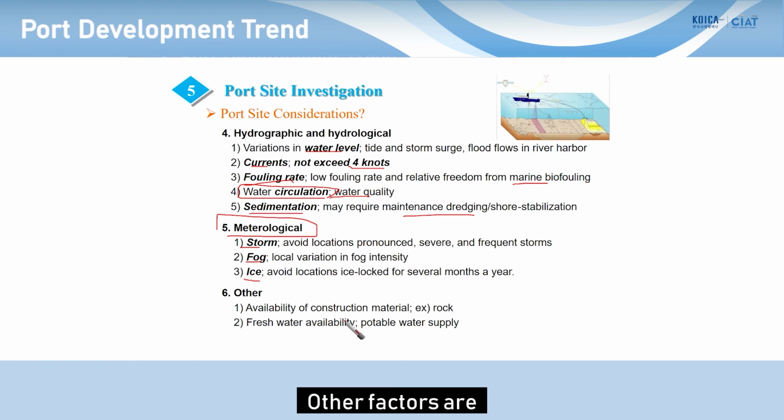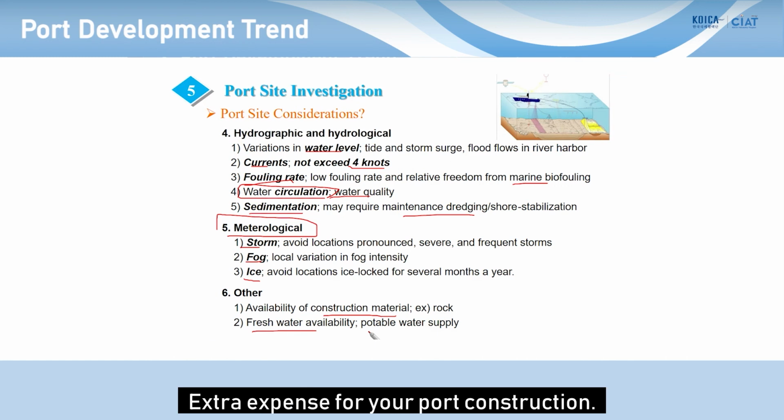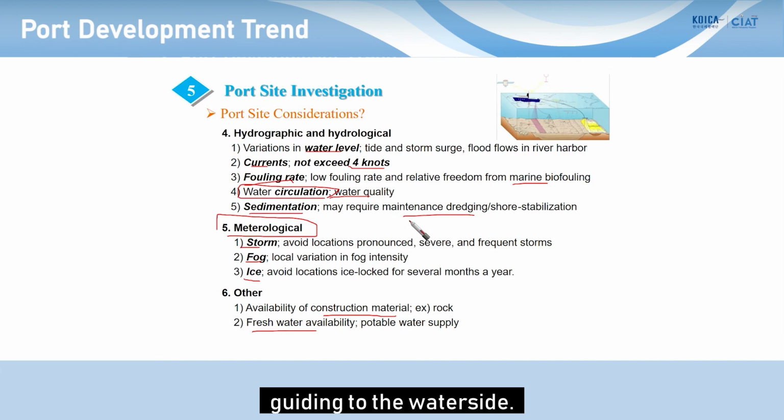Other factors are construction materials or freshwater supply. This gives you extra expense for the construction. Anyway, we have to consider, investigate, and analyze all this before deciding the port site.